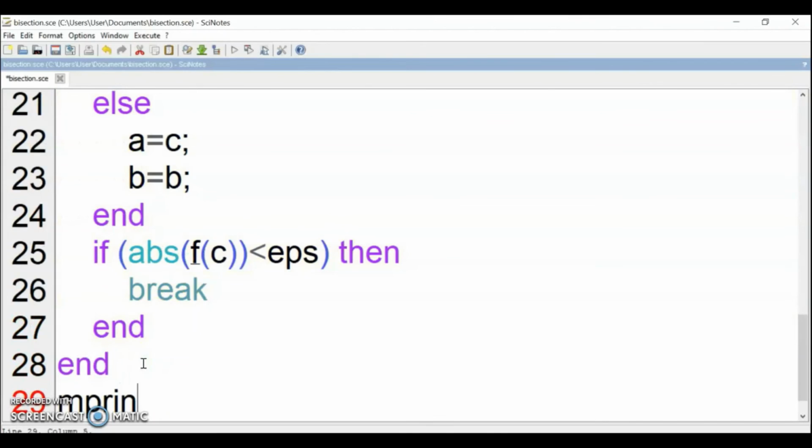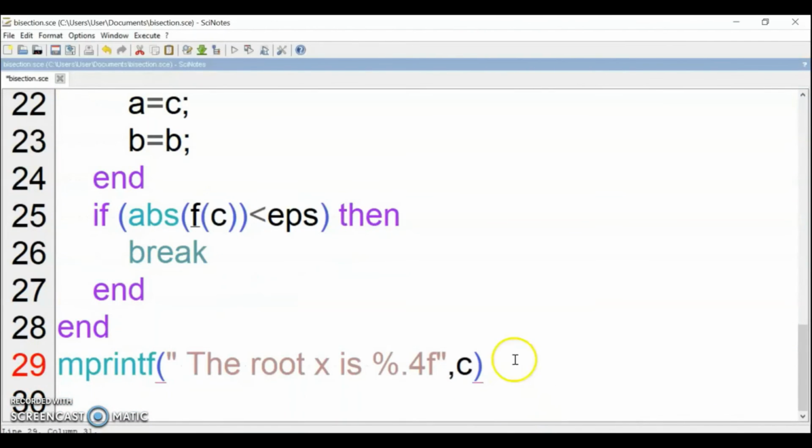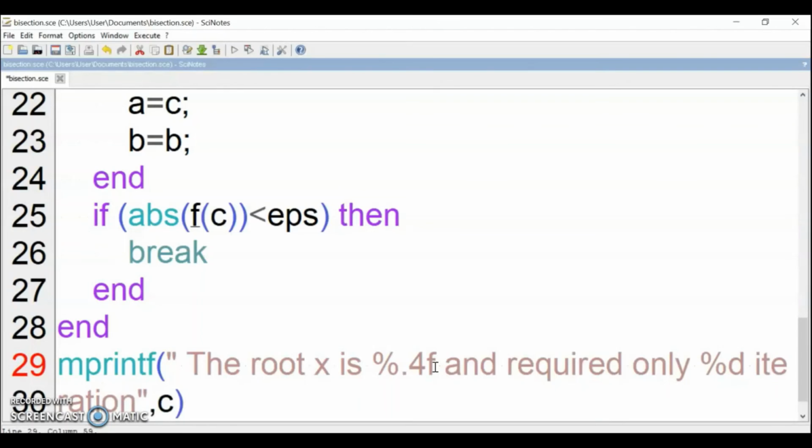I can put an mprintf: the root x is %.4f, 4 decimal places, where C is my root, and required only %d iterations.